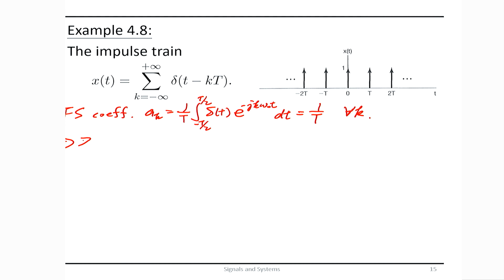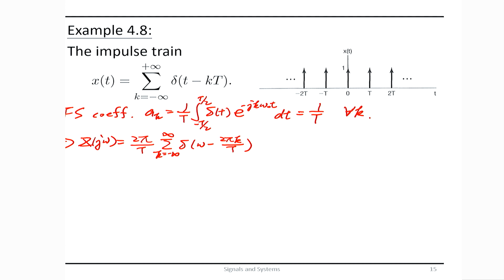So therefore, X of j omega should be 2 pi over T times the summation of delta omega minus 2 pi k over T, for k from minus infinity to infinity.